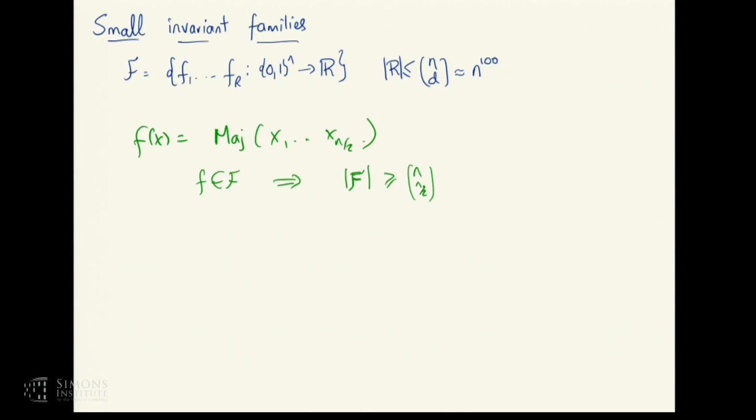One obvious candidate is f of x equal to x1 and x2. All permutations of this will give you n squared different functions, and that's fine. In particular, you could include f being any D junta.